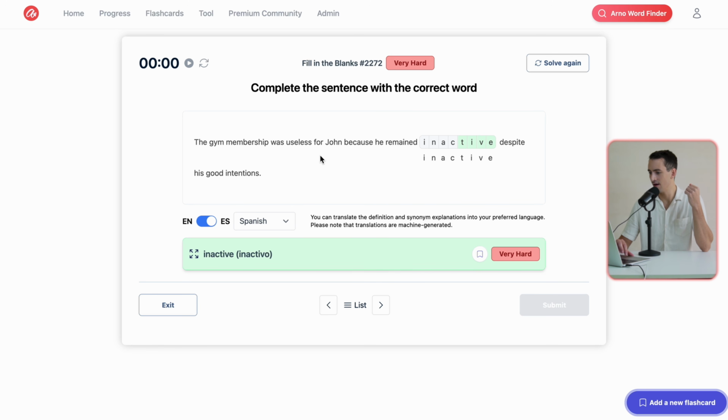Then, I knew that I needed an adjective because "he remained" is a structure we use with an adjective, right? So he remained tired, he remained sad, he remained happy, he remained inactive. Those two combined allowed me to come up with the correct answer.